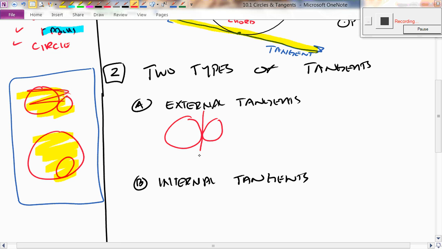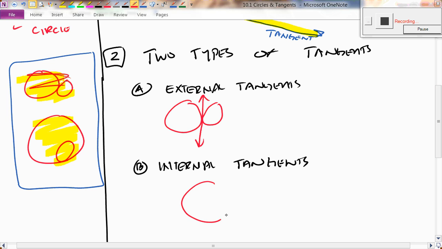So this could be an external tangent. But you could also have an internal tangent. Two circles could be internally tangent if one circle's inside the other circle. So it kind of tweaks your thinking, right? How many different ways can we have two circles be tangent to each other? They can be internal or external, and that picture describes both of those. Does that make sense to you?